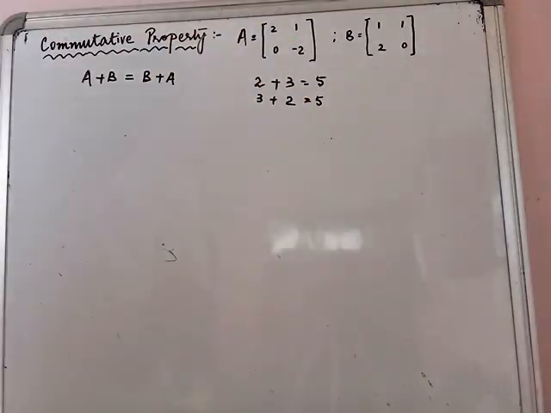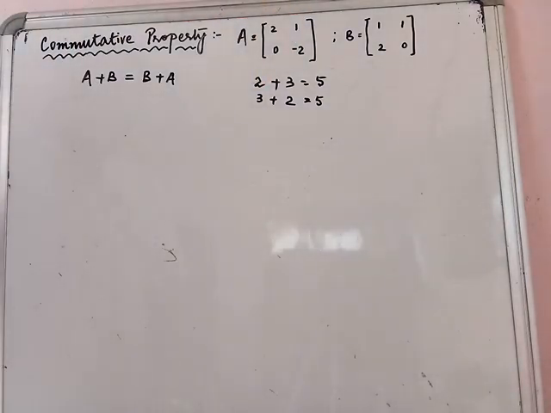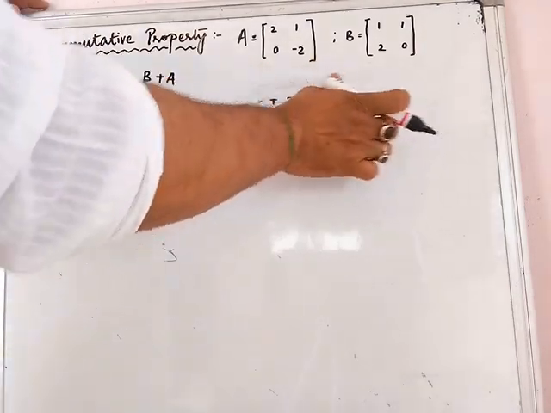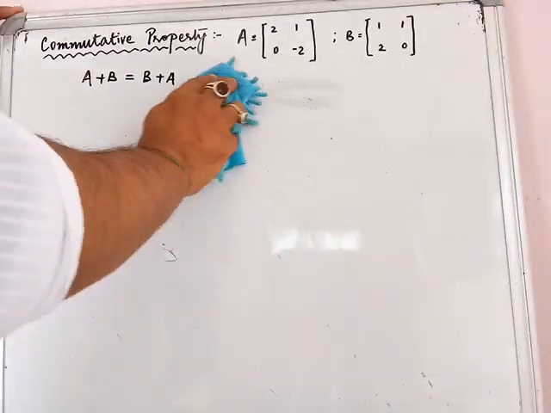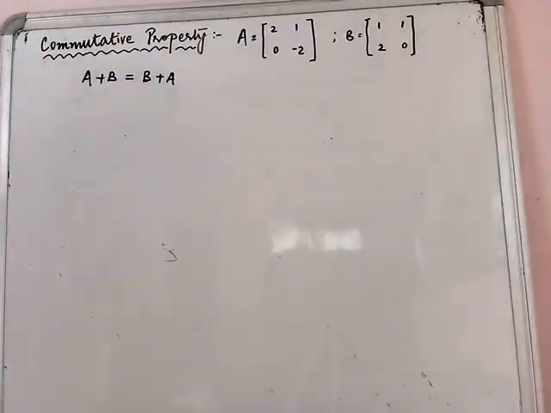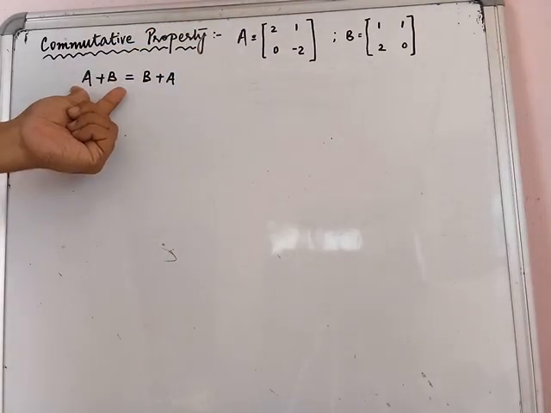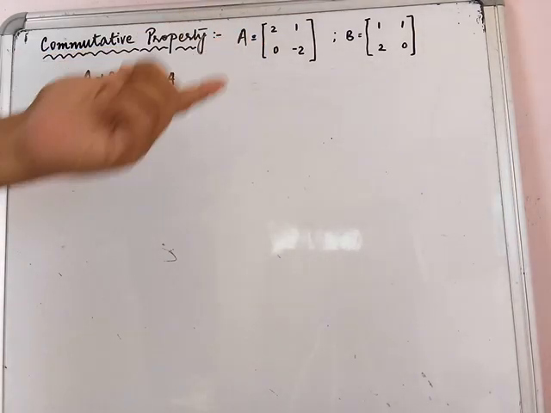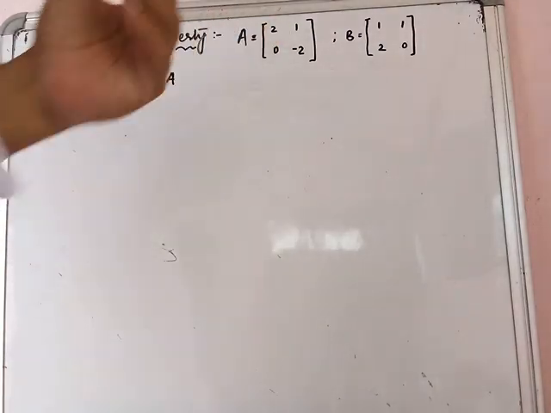Similarly, the same thing applies to the addition of two matrices also. These two were individual numbers, but we are not going to deal with numbers as of now. We are going to deal with matrices. Supposing that we have these two matrices, A plus B will be equal to B plus A, which is very simple to understand because you have already studied matrix addition.